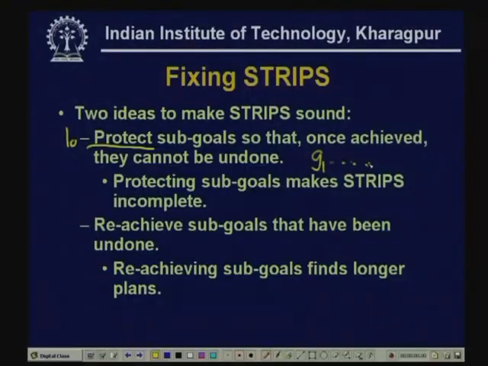For example, suppose your objective is to make cake and be at the park. Let's just revise the problem. The objective is to make cake and be at the park.